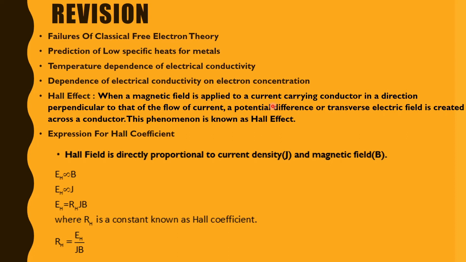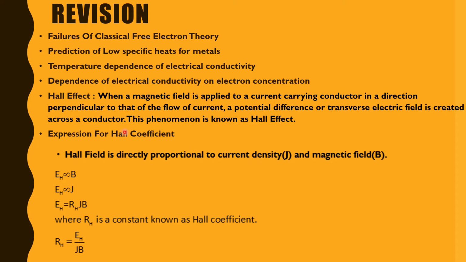Now whenever we see the expression for the Hall coefficient, we remember that the Hall field is basically the Hall voltage, that means the voltage occurring across the conductor. So that is known as Hall voltage, or you can say Hall field. The Hall field is directly proportional to current density, since J is equal to I by A, and also to the magnetic field.